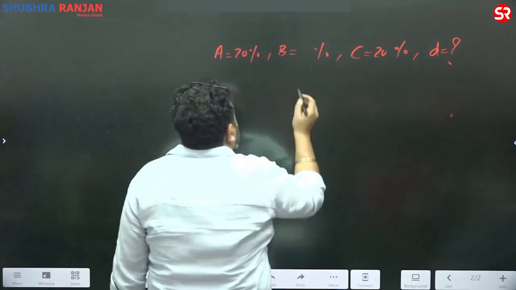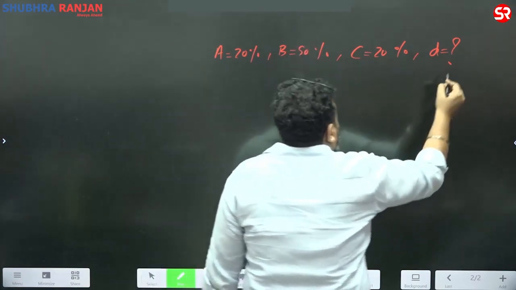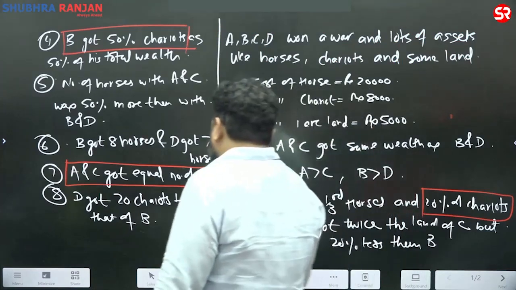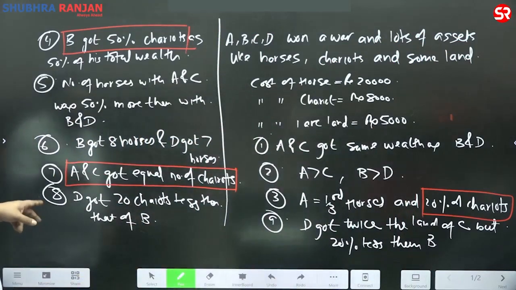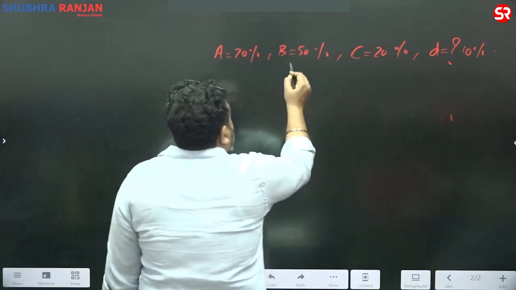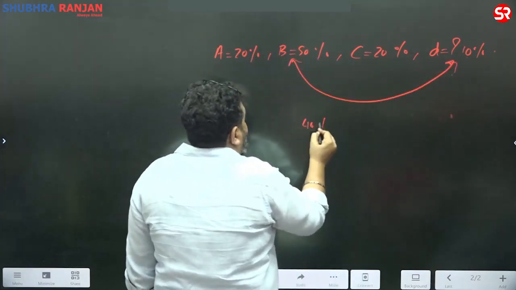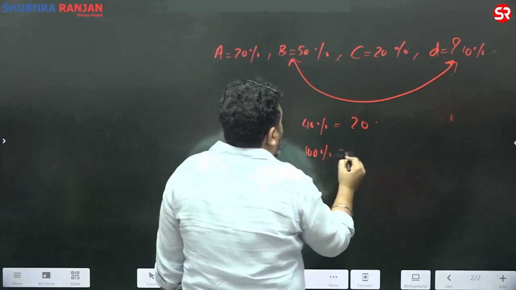B is 50%, D is 10%. And there is an information given. D got 20 chariots less than B, which means this minus this is 20. 40% is equal to 20. 100% is equal to how much?